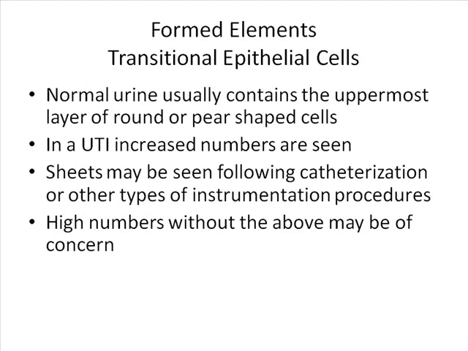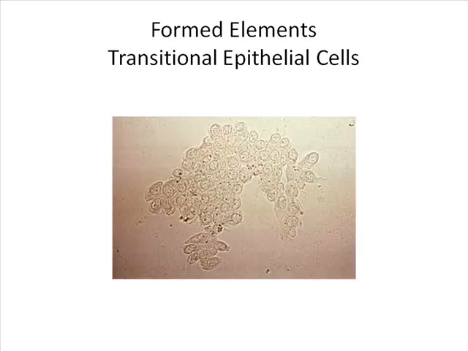Now, normal urine does contain a few of these because you constantly slough them off. If you have a urinary tract infection, many times you may see more. You may see packets of them, so to speak, sheets of them. Here they are. Note they look different. Notice they're kind of pear-shaped. The nucleus fills the cell more.